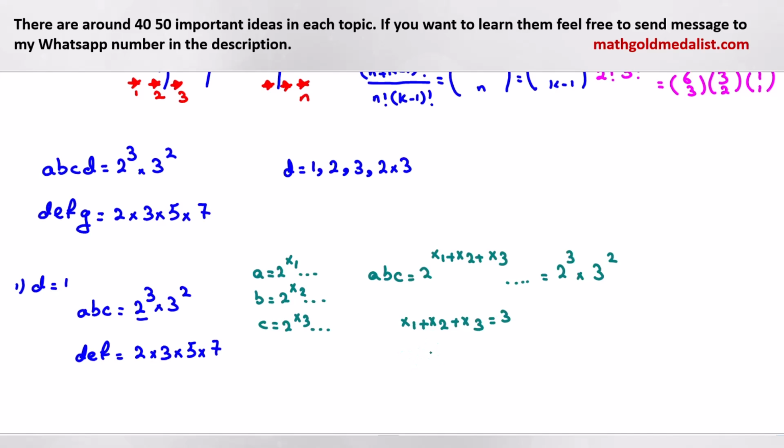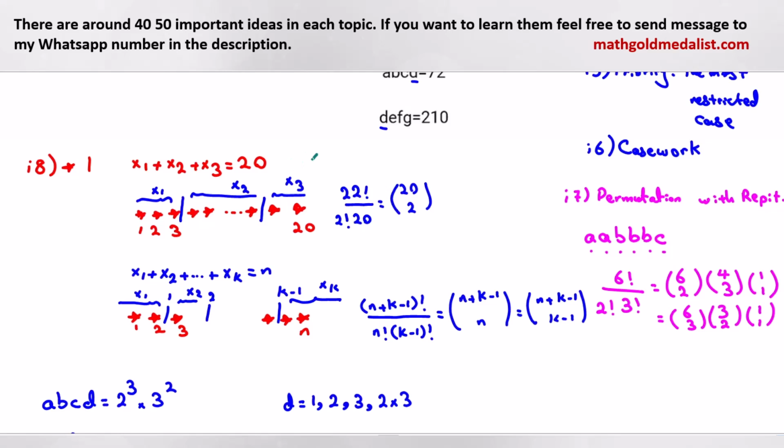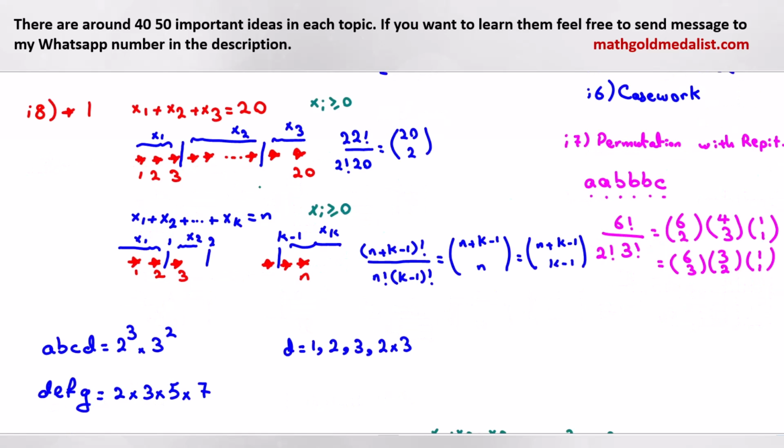And then x1, x2, x3 are at least 0. Okay, like the previous problem. One condition here: the xi are at least 0. If, for example, the xi were at least 1, two dividers could not be in the same place, and we could not calculate all permutations like this, and the answer would be smaller.